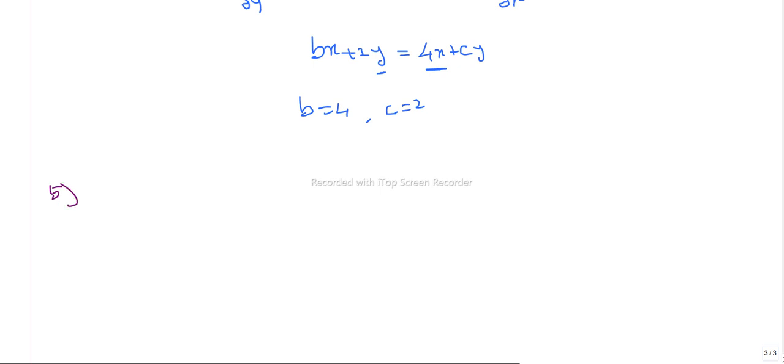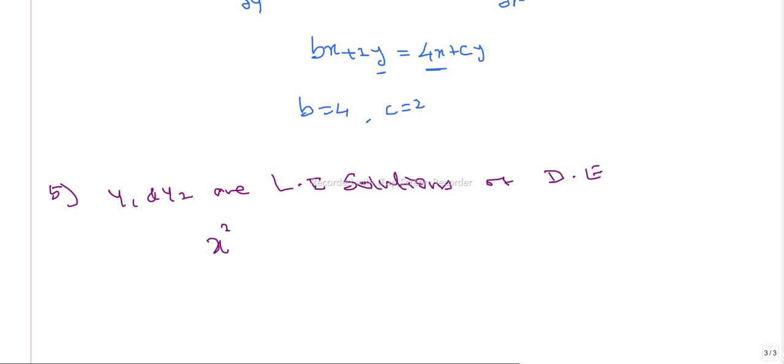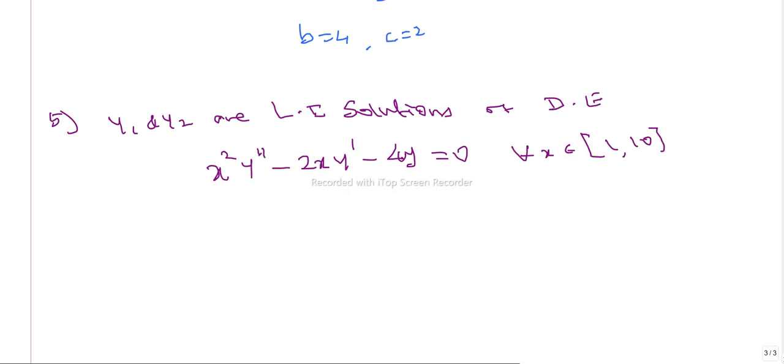Now the next problem, problem 5. Suppose y1, y2 are linearly independent solutions of the differential equation x square y double dash minus 2x y dash minus 4y equal to 0 for all x in the closed interval [1, 10].